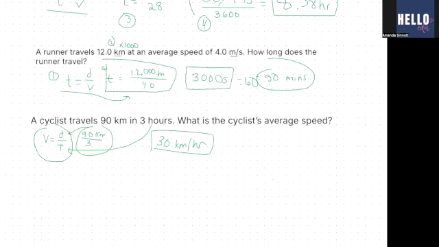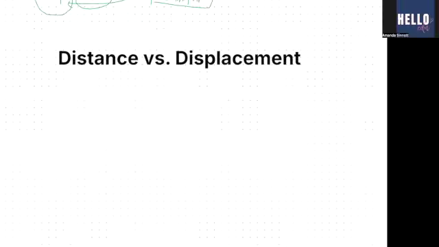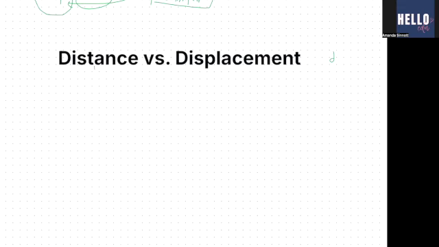Okay, let's move on. Now that we understand speed, distance, and time, the next thing we need to talk about is one of the biggest places students get confused in physics, distance versus displacement. They both have the letter d, but they mean different things. Distance is our total path traveled, and displacement is a change in position from start to finish.